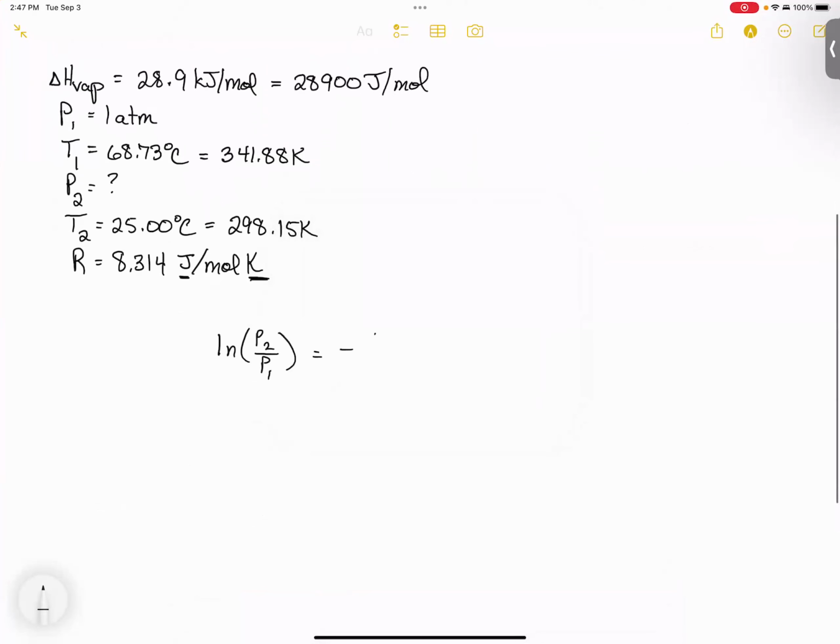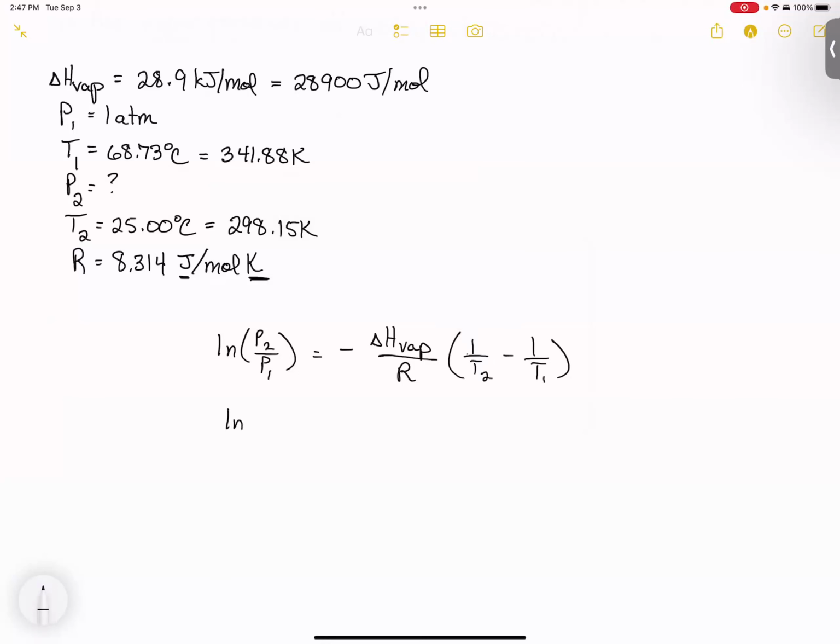So the Clausius-Clapeyron equation is the natural log of P2 over P1 equal to the negative delta H of vaporization over R times 1 over T2 minus 1 over T1.